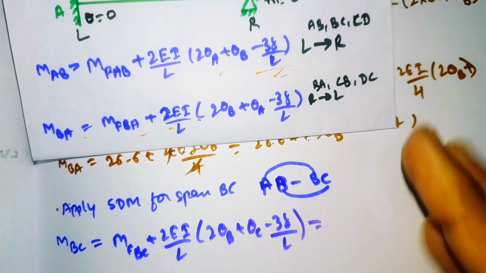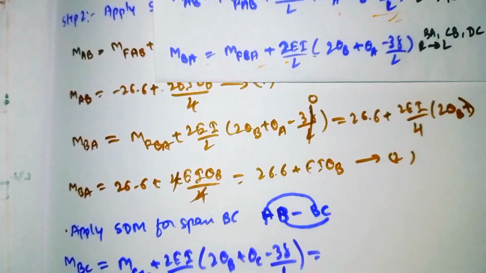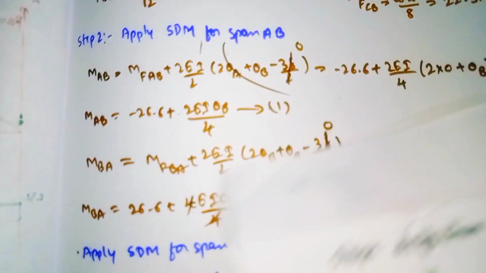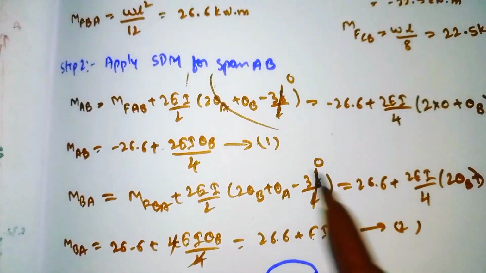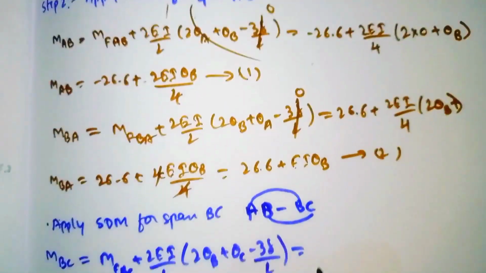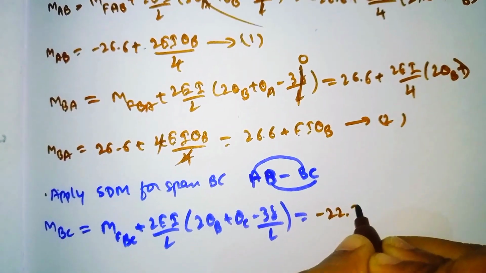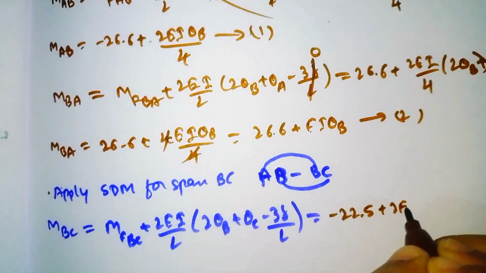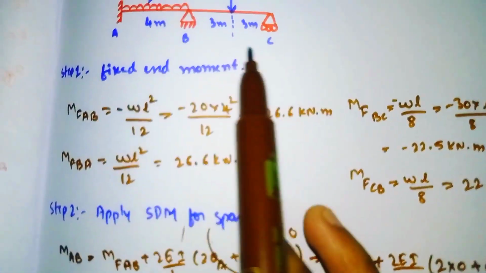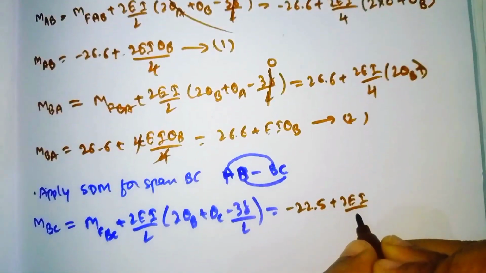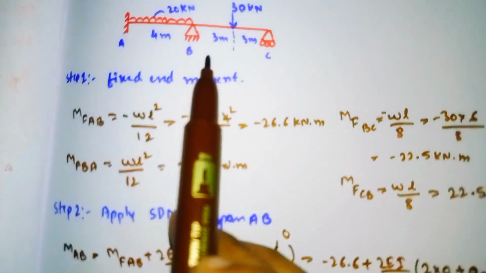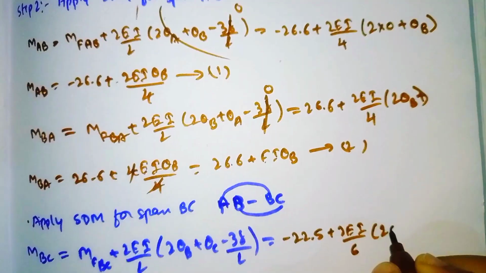So MFBC we got was minus 22.5. So substitute that value: minus 22.5 plus 2EI divided by L, where L value for span BC is 6. So 6, into 2 theta B. B is the hinge, it means it has some value.